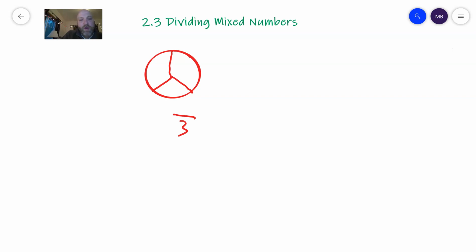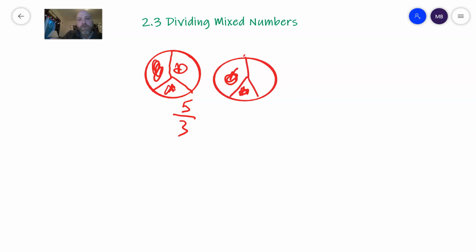So what happens if you have 5 thirds? Well, you got 1, 2, 3. Oh, I'm going to need another one. 4 and 5. So 5 thirds equals 1 whole and 2 thirds left over. So 1 and 2 thirds.